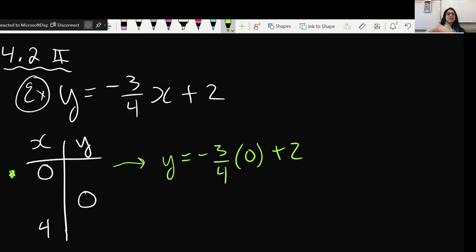Do you see that I've kept everything else the same here, but I took the 0 from the table of values and I plugged it into the x value in my equation. So far, so good? Okay, we love these because what happens when you have a fraction multiplied by 0 or anything multiplied by 0? It's going to get wiped out. So according to this, what's my y value there? The only thing left there is 2, so I can fill in a 2 on here. Are we good so far?